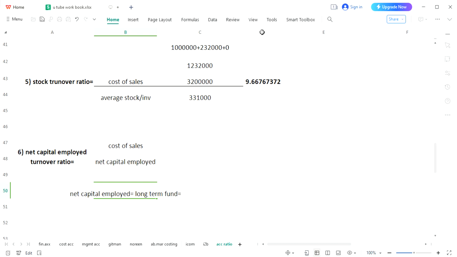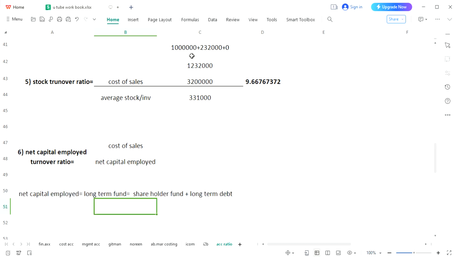And how do you calculate long term fund? For that you need shareholder fund plus long term debt. So this way you can calculate net capital employed. How? Shareholder fund plus long term debt.